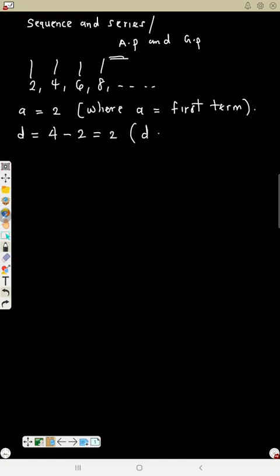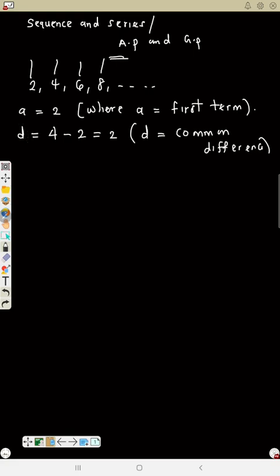We represent d as the common difference. From now, if you see a in AP, you should know it is the first term. If you see d, you should know it is the common difference. Again, a is the first term, d is the common difference.